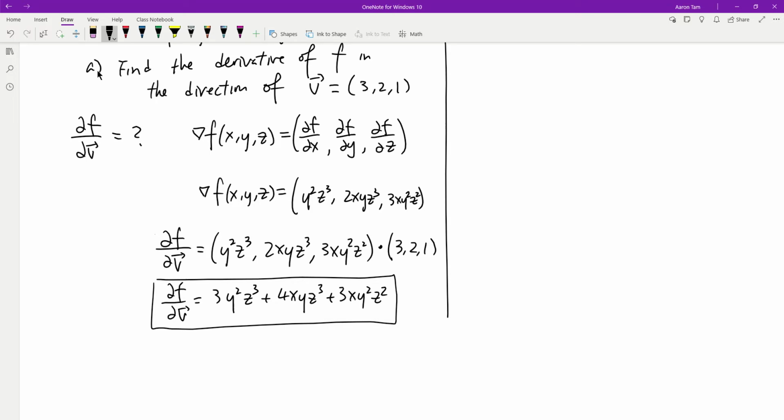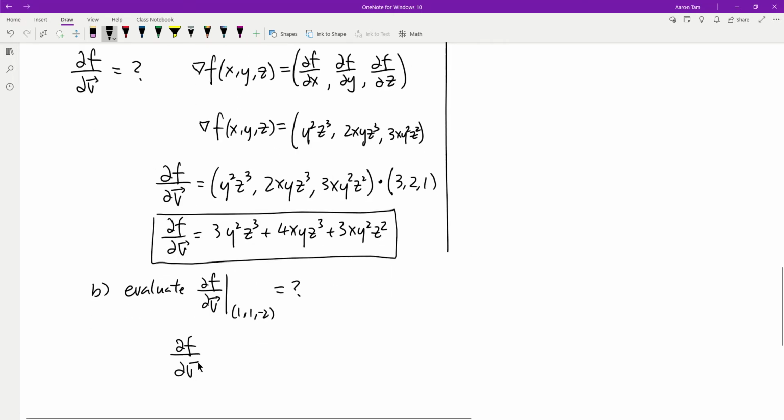Maybe I will call this A, and I'm going to call this B now. How about evaluating df over d vector v at the point, let's say, 1, 1, negative 2. That's pretty simple. All you have to do is plug those into this equation and solve for it.